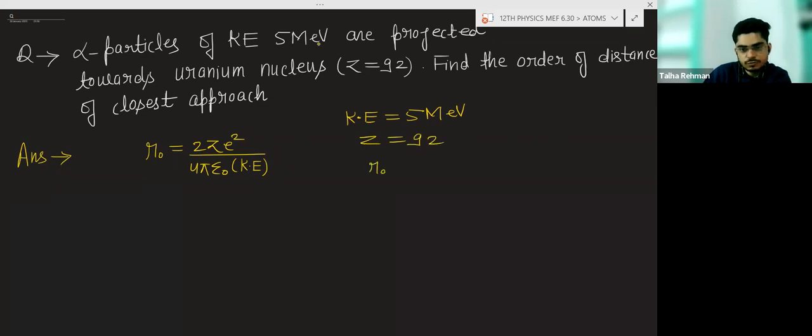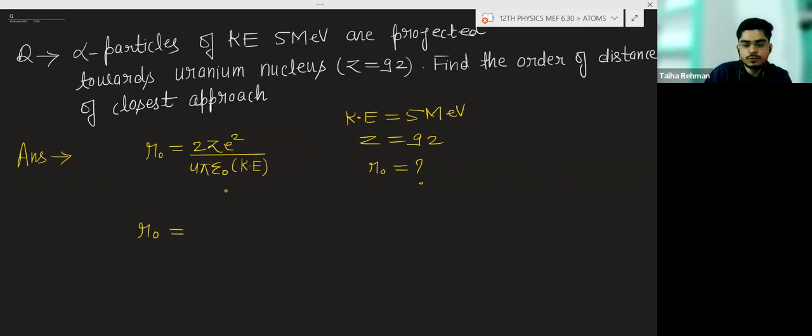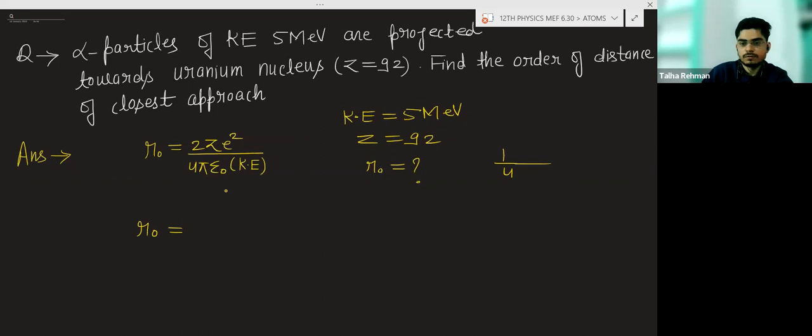R0 we have to find, and we can find it very easily. 1 upon 4 pi epsilon naught is 9 into 10 to the power 9, so put this value.